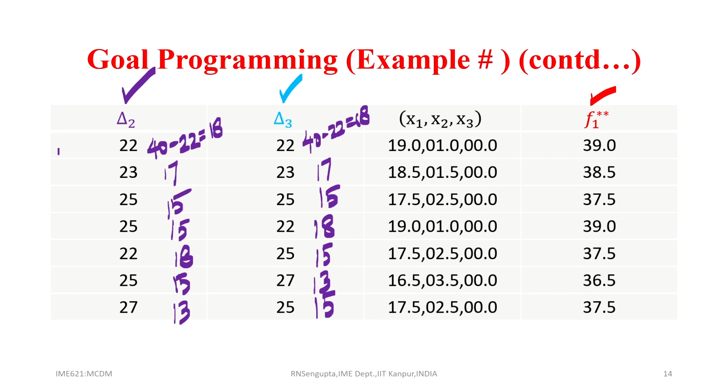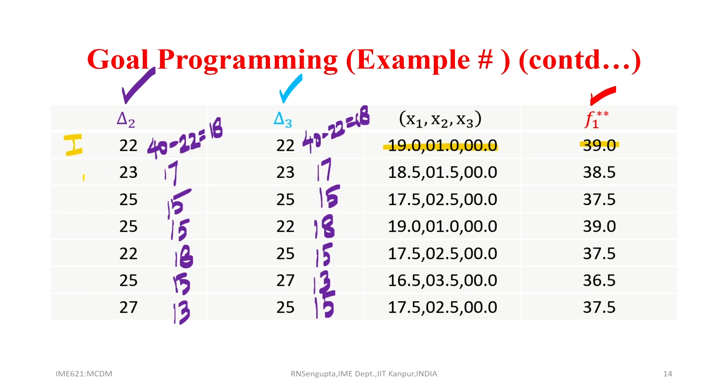The first problem which I solved, which I will mark using a different color, is case 1: maximization of objective 1 with objective 2 and objective 3 in constraints, less than equal to respectively 22 and 22. The optimum value comes out as 19, 10 and the objective function f1 star is 39.